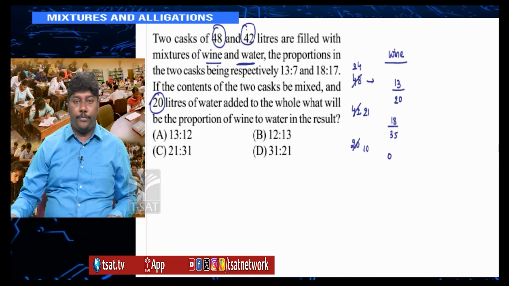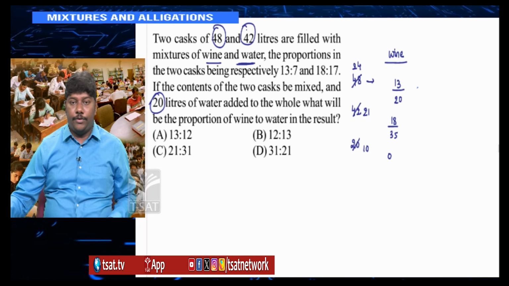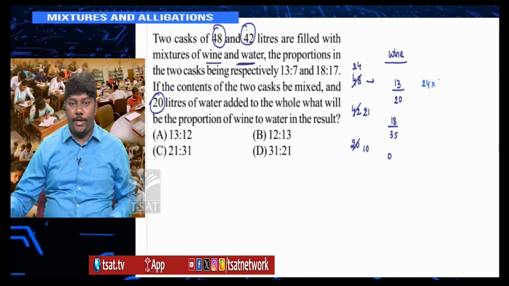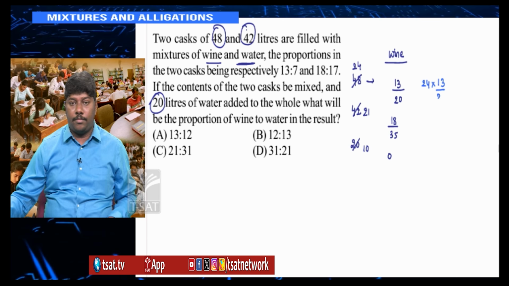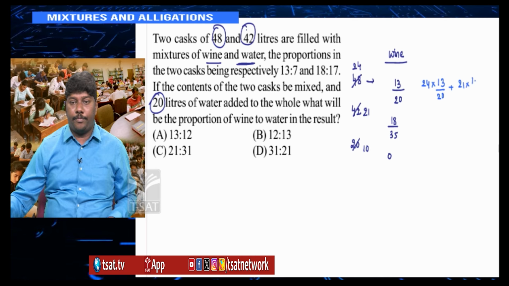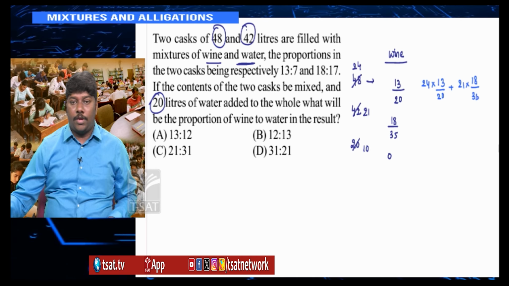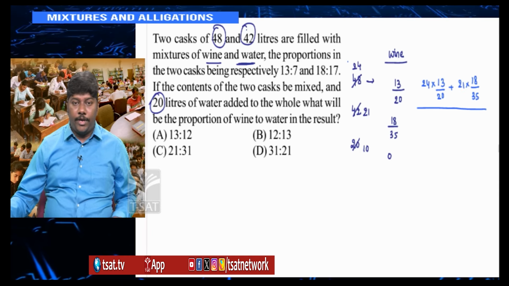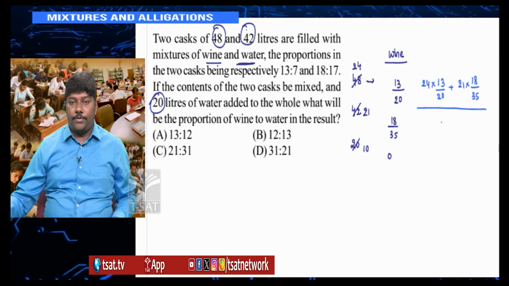Multiply it now. N1A1 gives you 24 into 13 by 20 plus 21 into 18 by 35. Anyway, you are going to get the third one as 0. 24 plus 21 plus 10 is 55.